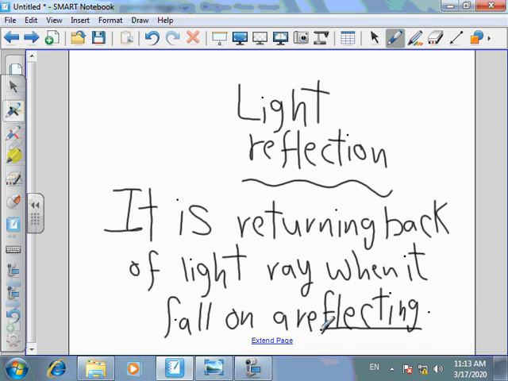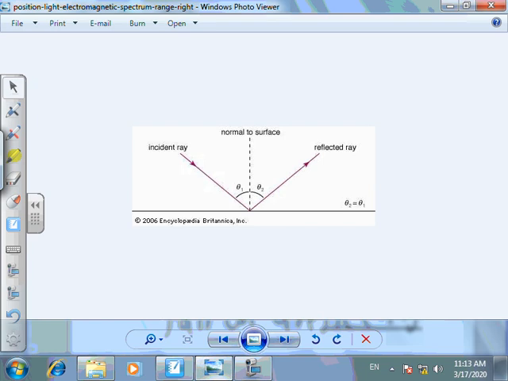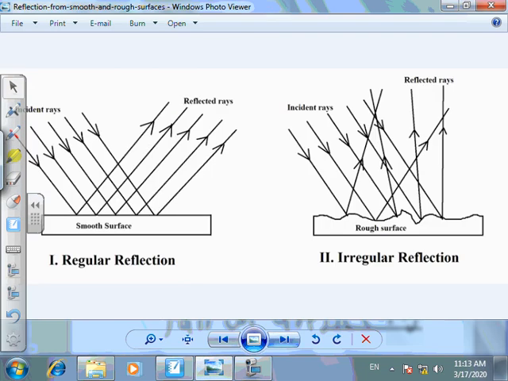To understand what light reflection is, we have to know that there are two types of light reflection. There is the regular one. What is the regular reflection? It is the reflection that lets you see your image, like the mirror.